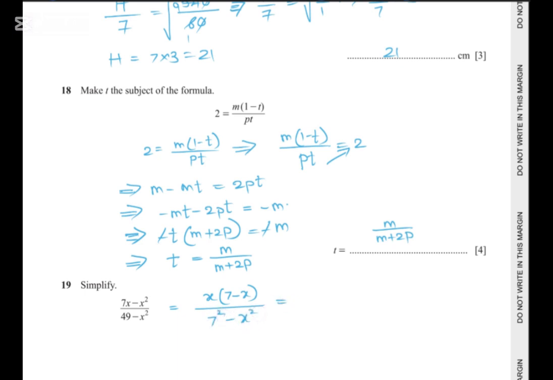When you see the denominator, it is in the form of a square minus b square, so you can write it as a plus b into a minus b. So 7 plus x into 7 minus x. Now here we can cancel out 7 minus x on numerator and denominator. So x by 7 plus x is left out. So this is simplified.